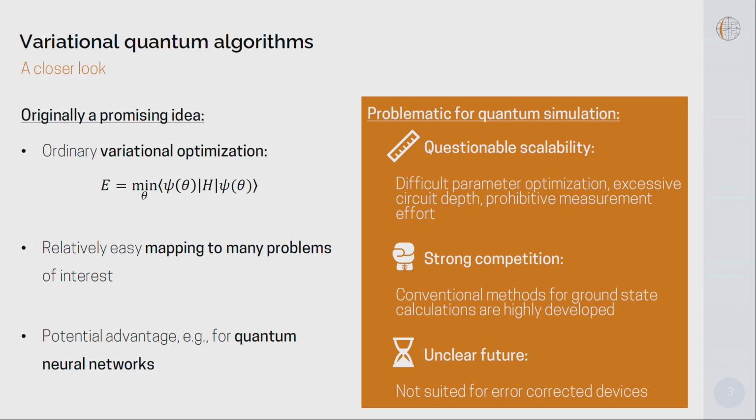And here in quantum simulations, there are a couple of questions that also came up in some talks here: parameter optimization, barren plateaus as a keyword, circuit depth, which depending on your ansatz might be really hard, measurement effort, and so on. Also in quantum simulation, if you do these ground state calculations, the classical methods are actually really good. So you also have to be really, really good. So it might actually be beneficial to tackle a problem which classical computers cannot do so well.